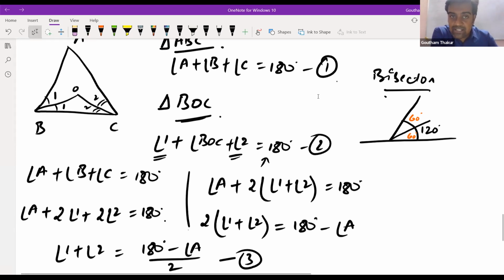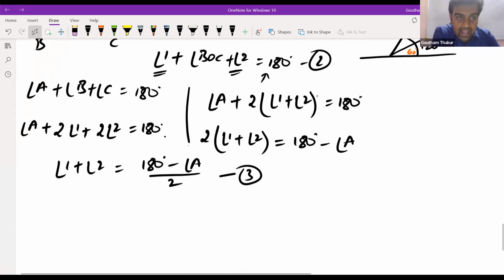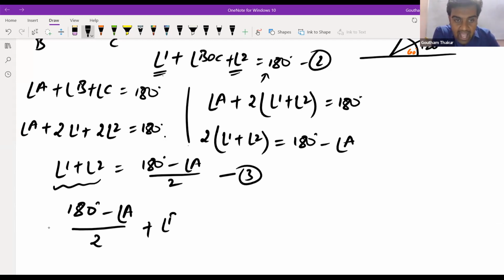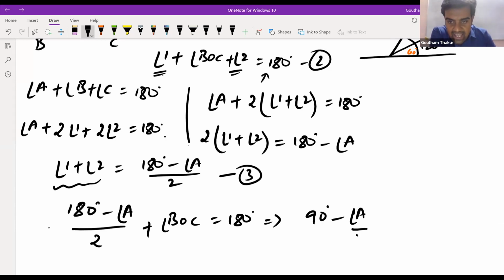Now I have the angle 1 plus angle 2 value. Can I substitute it over here? Yes, I'll substitute. What will I get? 180 degrees minus angle A divided by 2 plus angle BOC is equal to 180 degrees. Now divide this. What will you get? 90 degrees minus angle A by 2 plus angle BOC is equal to 180 degrees.